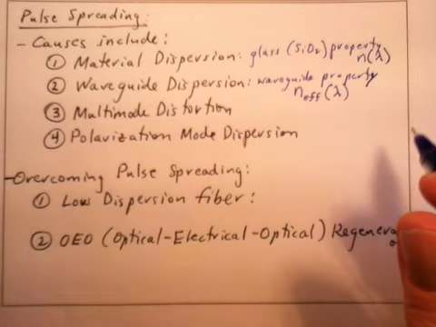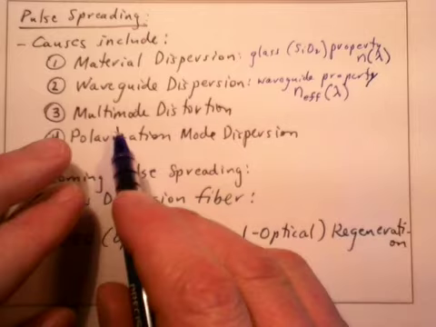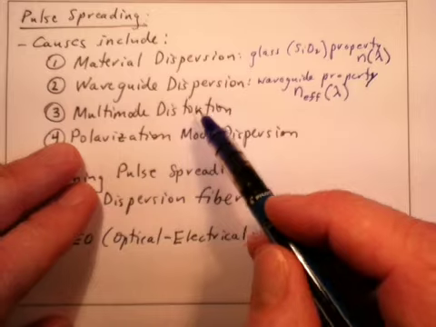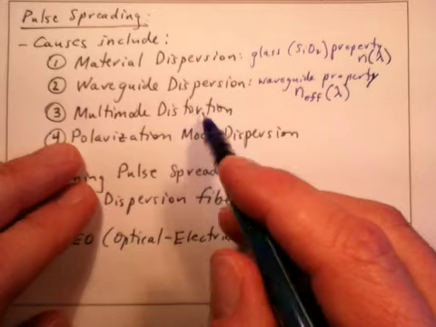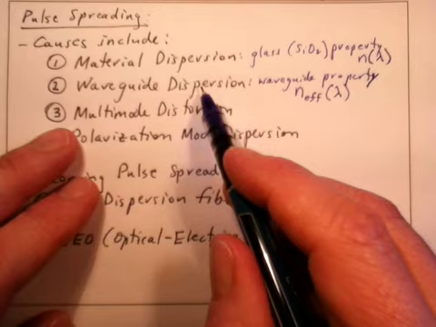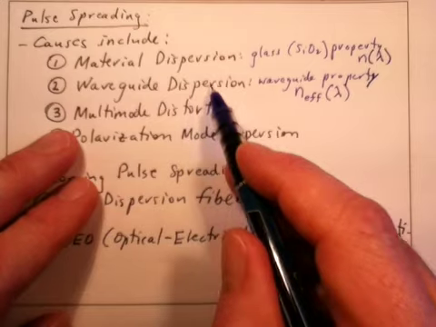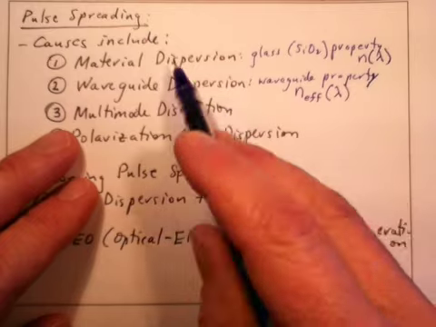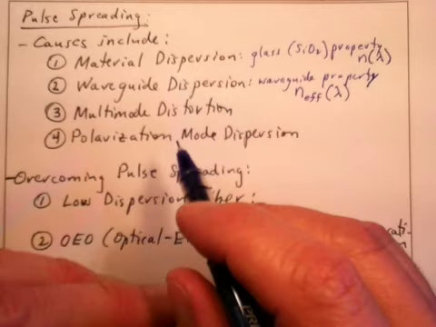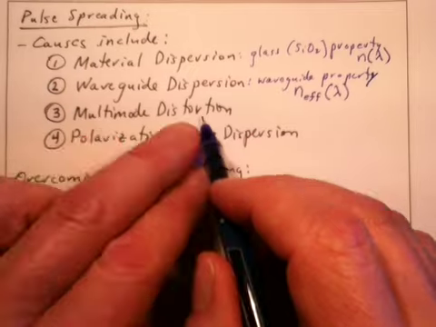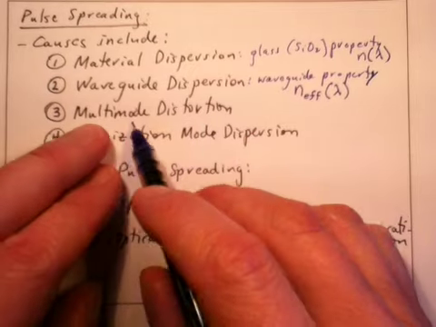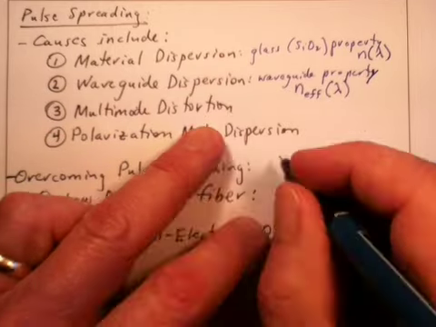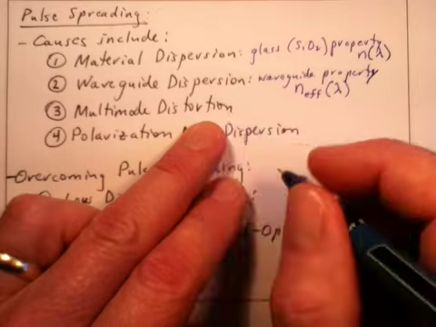Okay. Finally, another one is multimode distortion. It's not called dispersion, and Peleus, the author, makes a careful distinction there because it's not a wavelength dependence, and so it's not a dispersion property. It's a distortion of pulses due to the multimodes propagating in the fiber, and each mode propagates with a different propagation velocity.